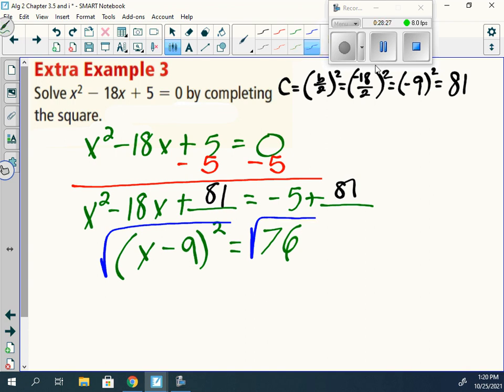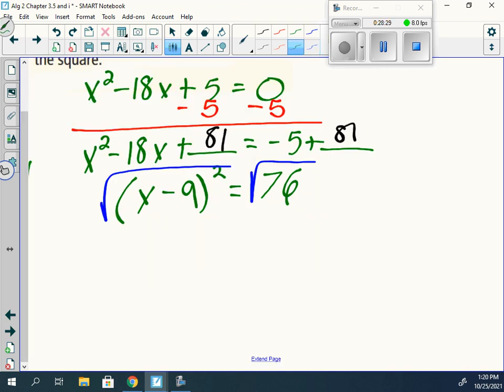And when we square root both sides, over here the square root and square would cancel, leaving us with x minus 9 is equal to plus or minus, well, the square root of 76 is going to work out to be 2 square root of 19.